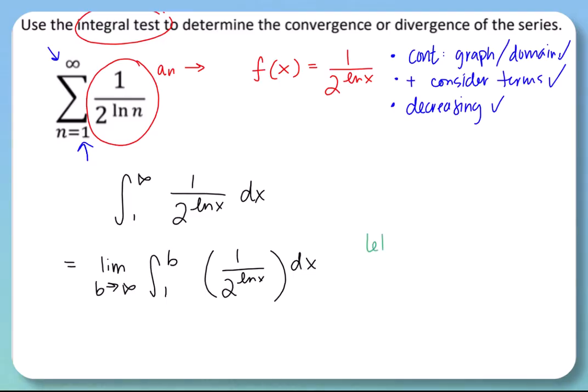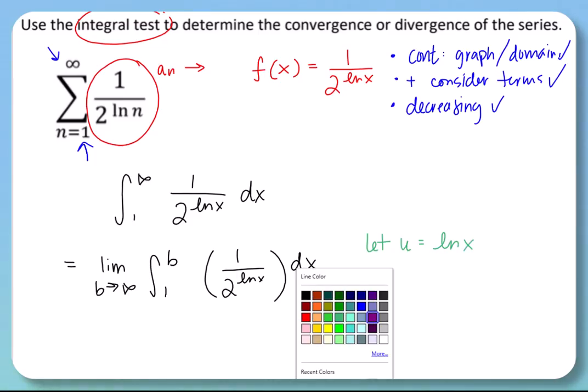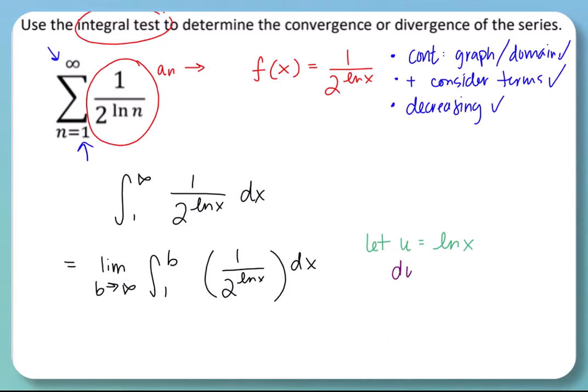So I'm going to say let u equal natural log of x. If u equals natural log of x, then du is 1 over x dx. Furthermore, I just need that dx there. That means x du equals dx.